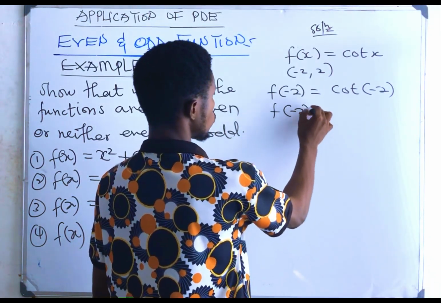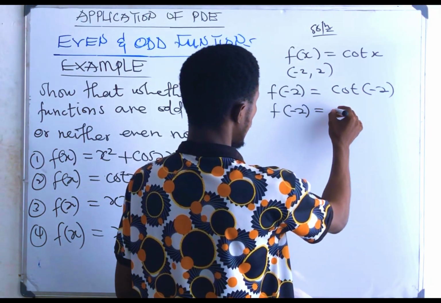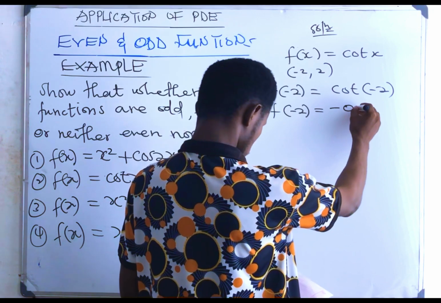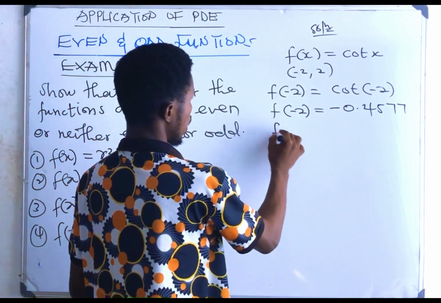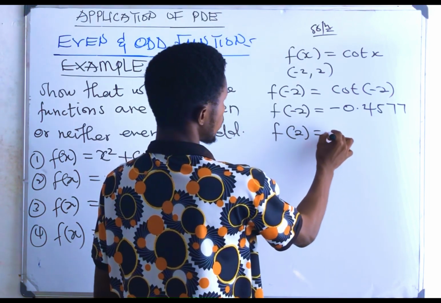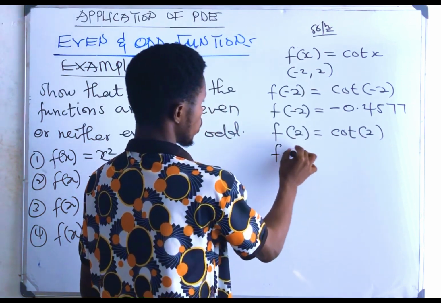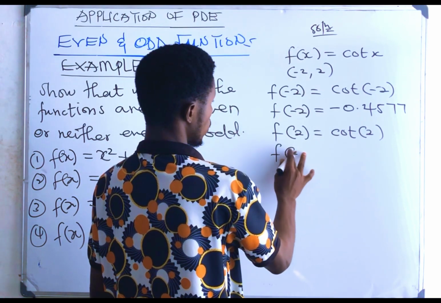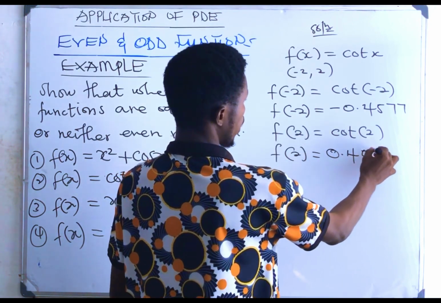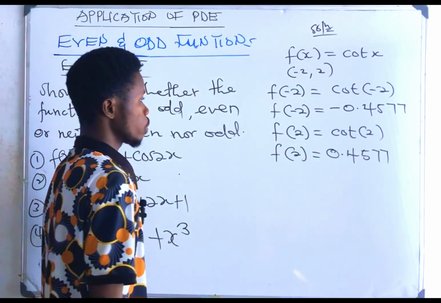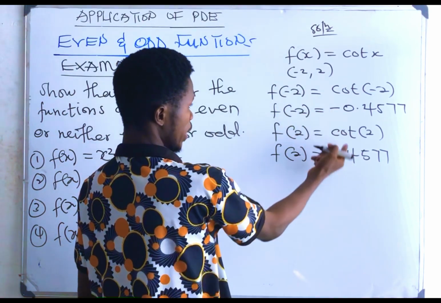So f(-2) will be cot(-2), which is going to be negative 0.4577. Then f(2) will be cot 2, which is going to be positive 0.4577. Now, once you see this, you see that this and that are the same, but the sign makes it opposite.